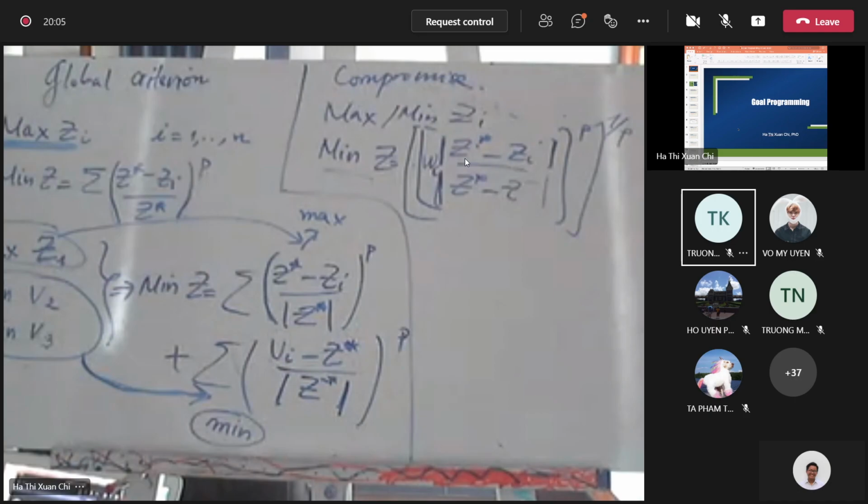So today lesson, move on to goal programming. So everyone, today lesson we will study with another technique, goal programming.